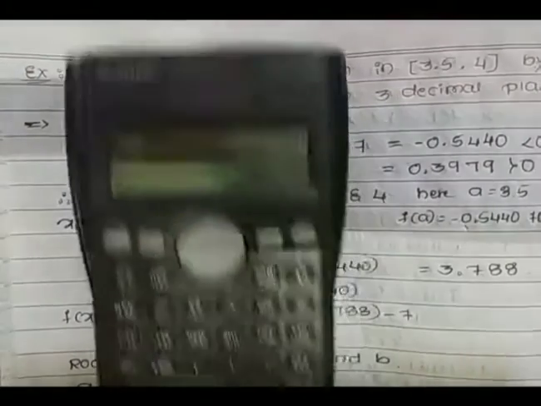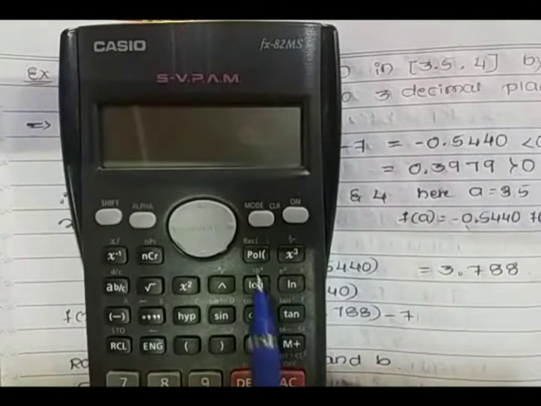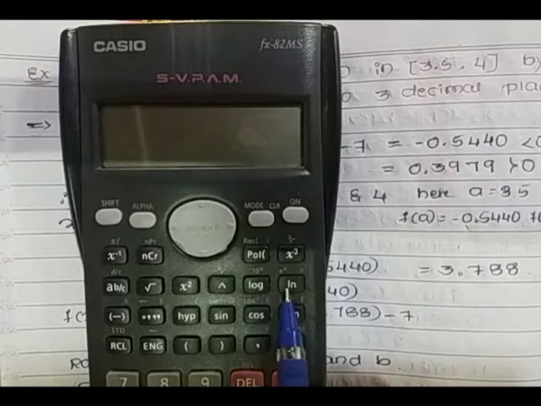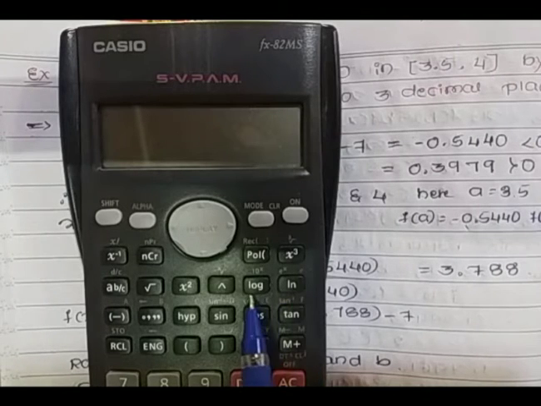One more time I am repeating. In your scientific calculator, you have 2 buttons, that is one button is log and another one is ln. So its explanation already I have given while solving bisection example. Okay, so directly log button when you can use means in example, in question, suppose base 10 is mentioned.